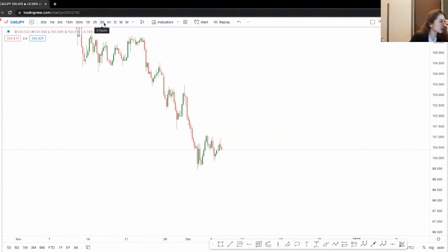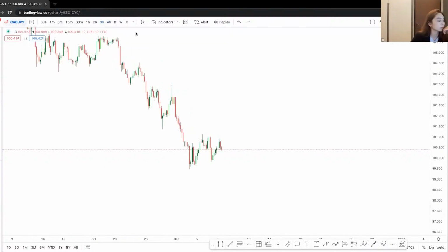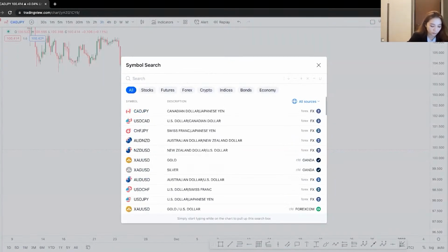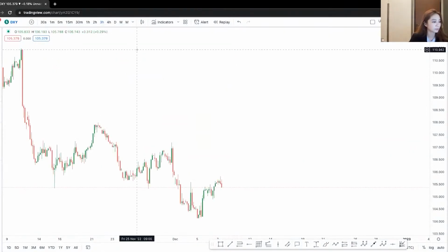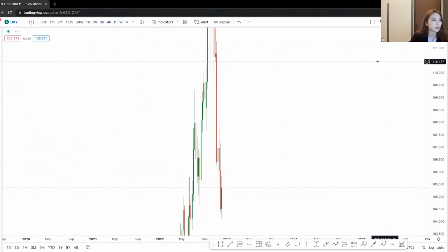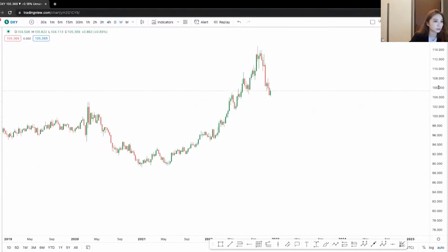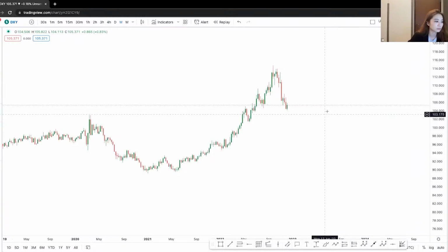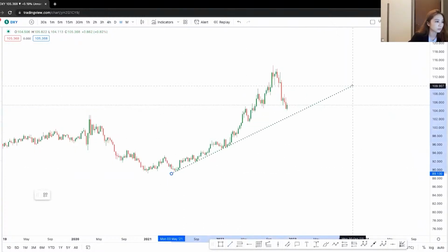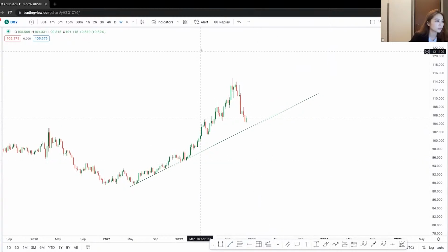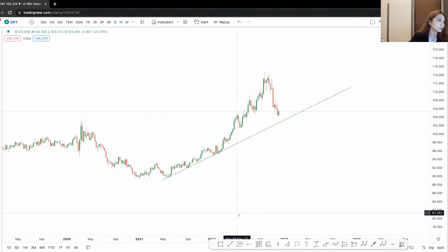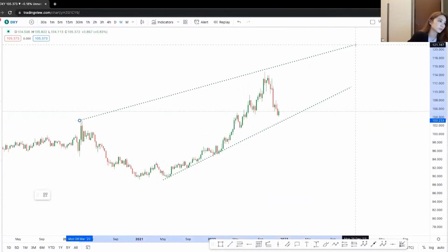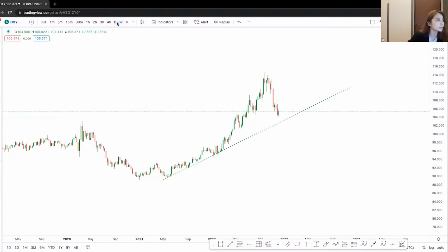Okay, we'll do one last one. All right, let me think. Let's just do the XY on the weekly chart. Upward moving as well, with a strong downturn after. Let's look at daily.